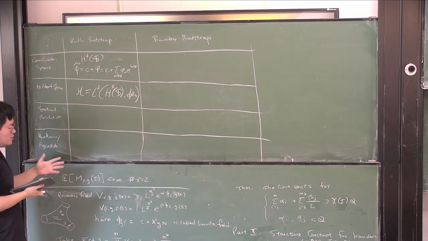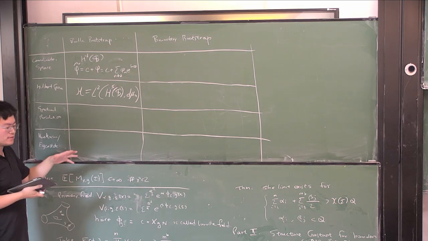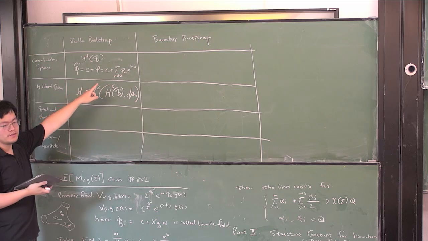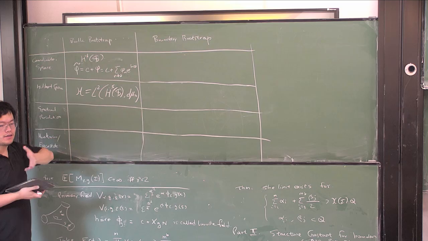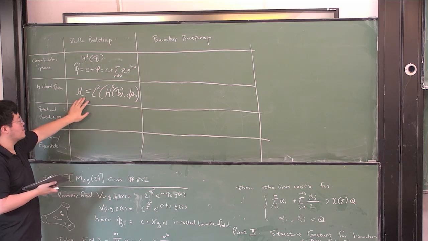So first I have some field on the unit circle. I want to calculate all its coordinates, given by this phi n. Then I want to consider some functional on these coordinates. I introduce another space.